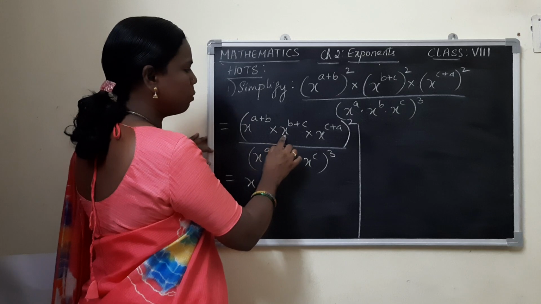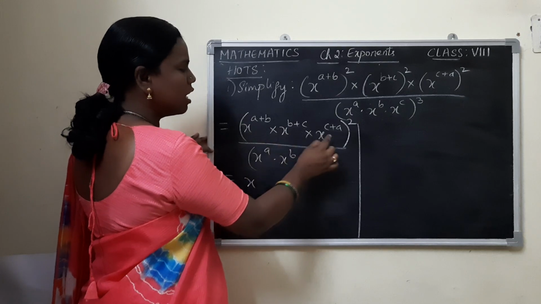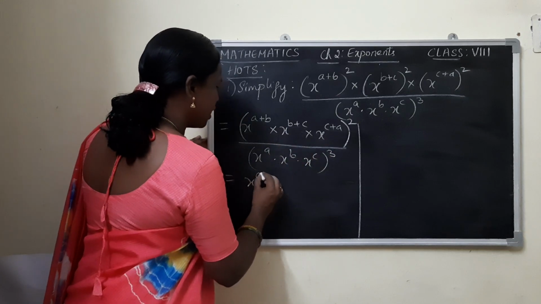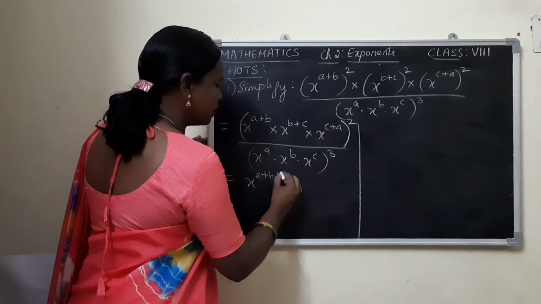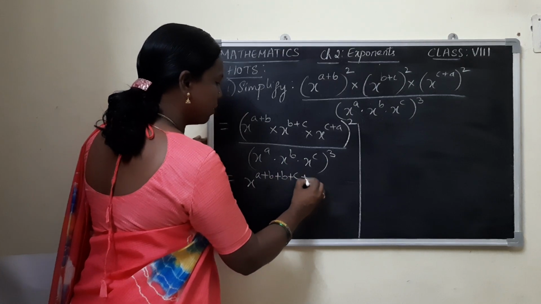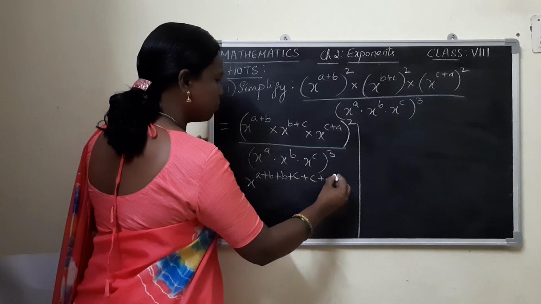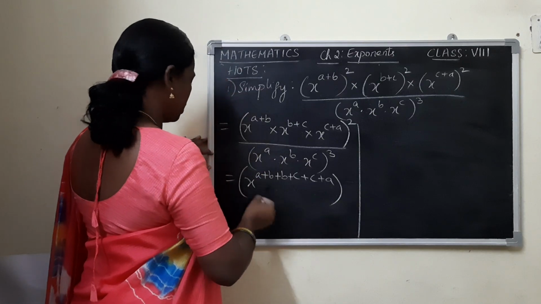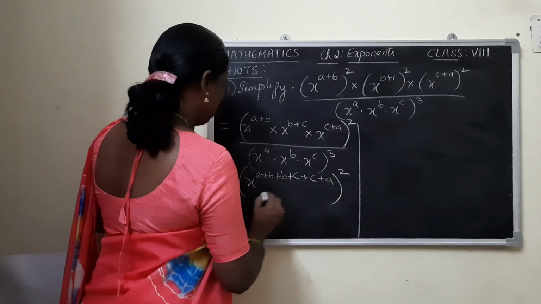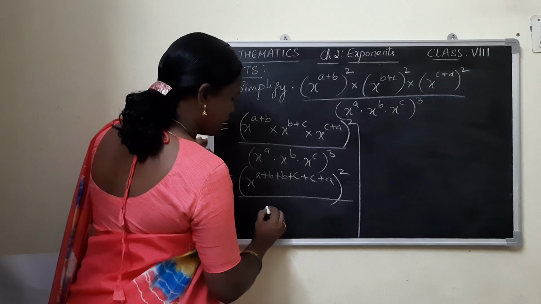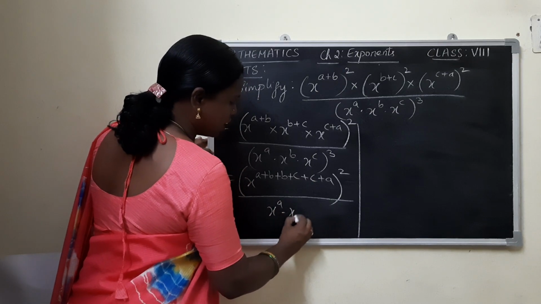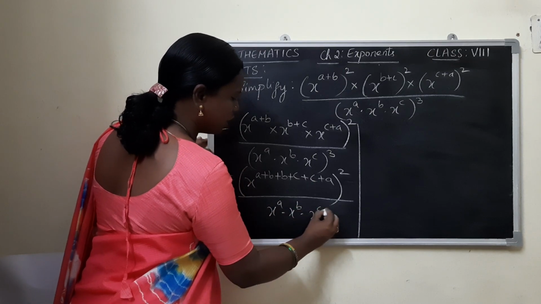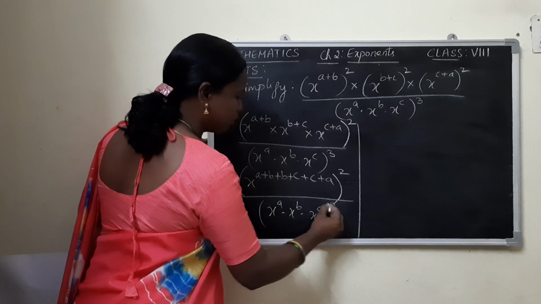So I will be able to add all the powers since the bases are the same. So a plus b plus b plus c plus c plus a. This combination whole to the power of 2. And the denominator doesn't change.